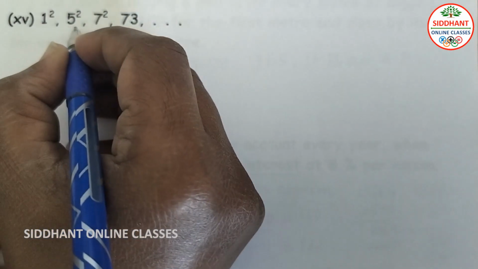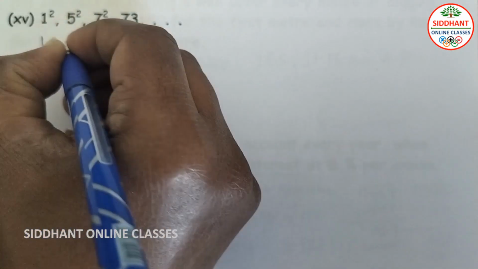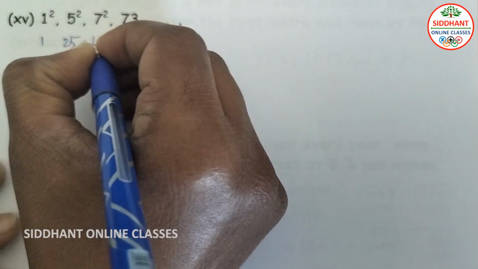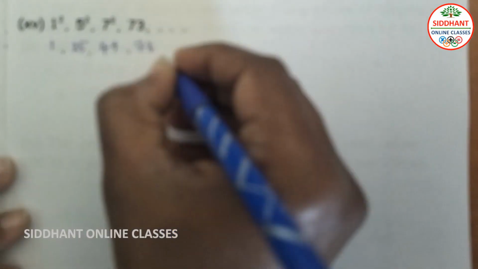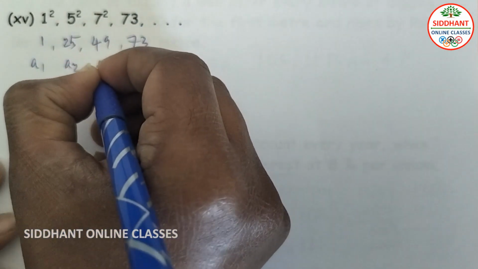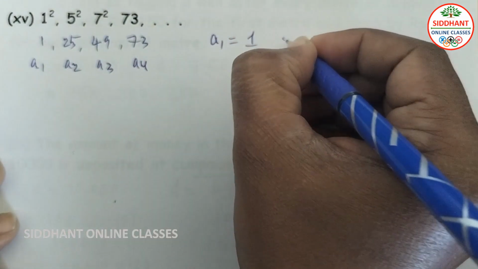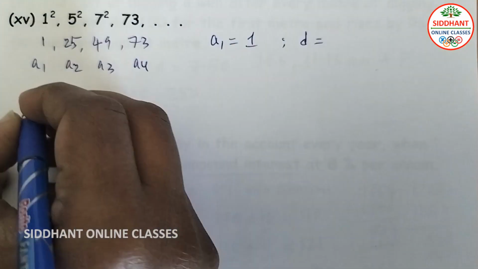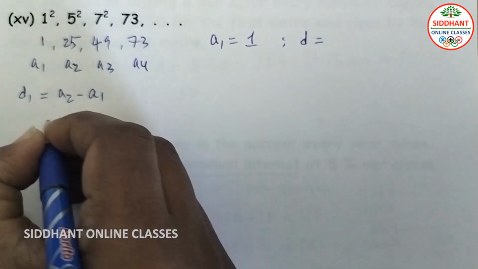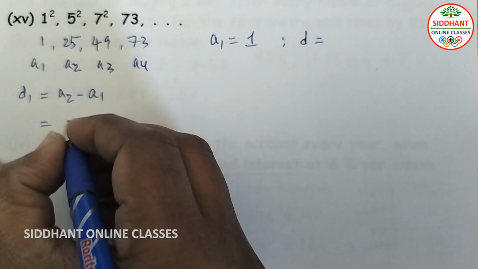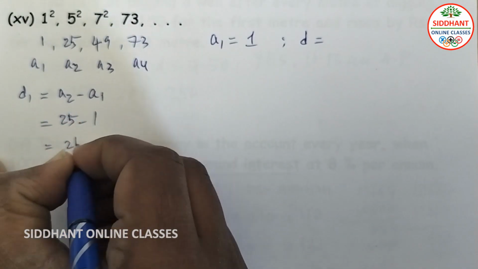Question 15: 1 square, 5 square, 7 square, 73. So now when you simplify it, it is 1, it is 25, it is 49, it is 73 here. Now let it be A1, A2, A3, A4. Now A1 is equal to 1 here, and D we are going to find out. So D1 is equal to A2 minus A1, that equals 25 minus 1, that equals 24.